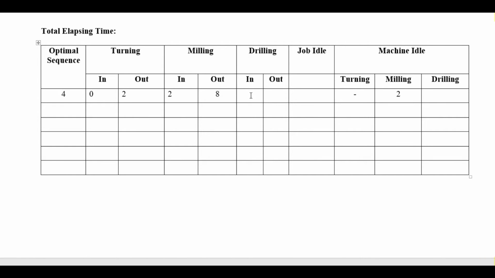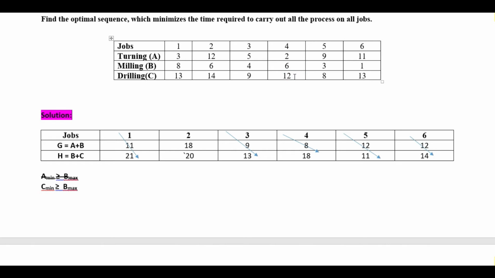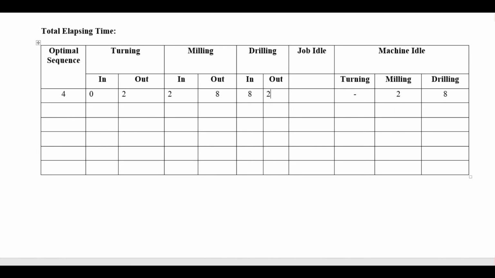After that this job will be loaded into the drilling machine for drilling operation. The drilling machine has to wait up to 8 minutes to receive the first job, that is, the fourth job. So the idle time of the drilling machine will be 8 minutes. After 8 minutes the job will be loaded into the drilling machine. For the fourth job, the processing time for drilling will be 12. So 12 plus 8 will be 20. The job is not in idle condition in between these three operations.